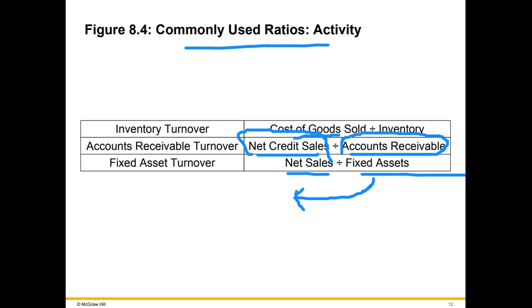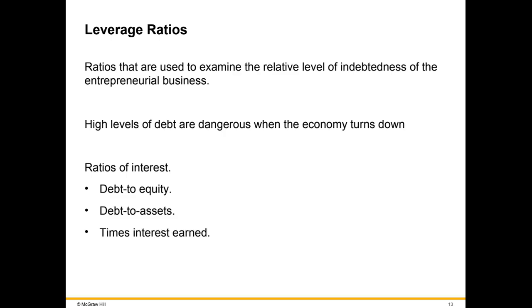Then there are certain ratios we call leverage ratios, which are used to examine the relative level of indebtedness of the entrepreneurial business. Higher levels of debt are dangerous when the economy turns down. If you have high loans, you might have to pay high interest on the loan, so high debts are not very ideal.